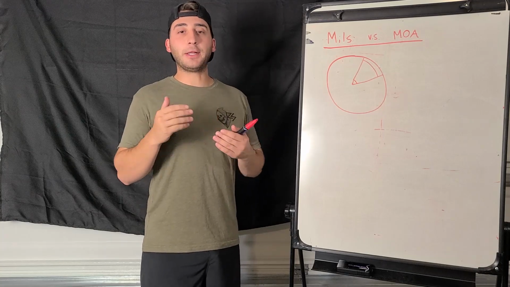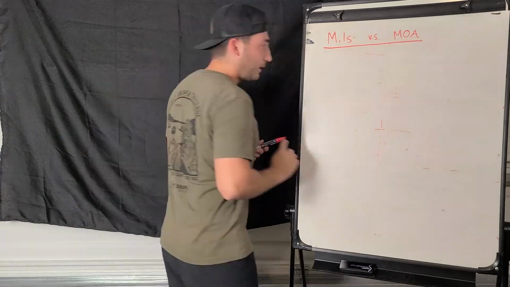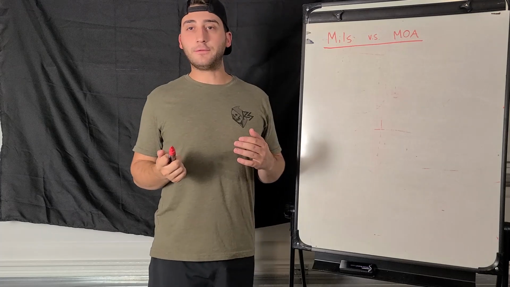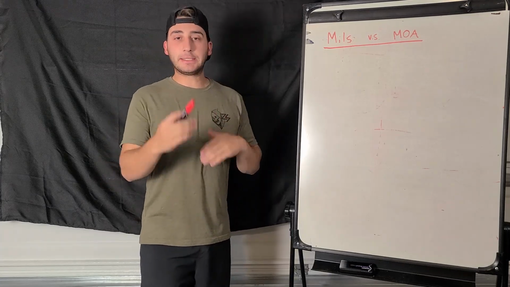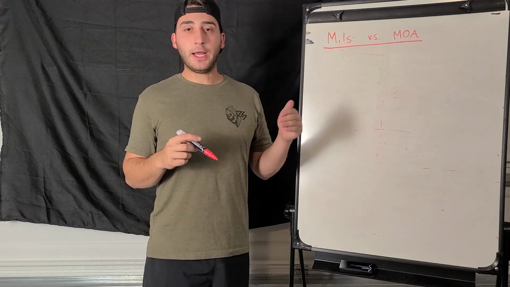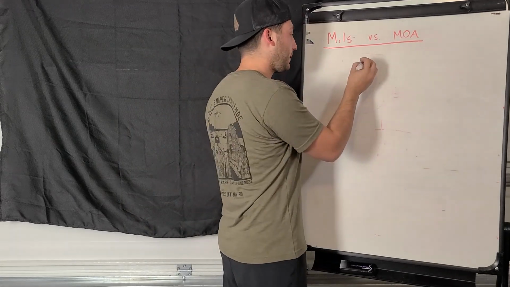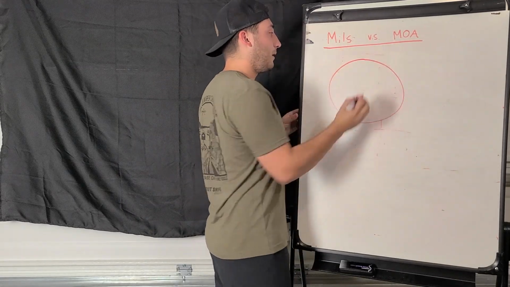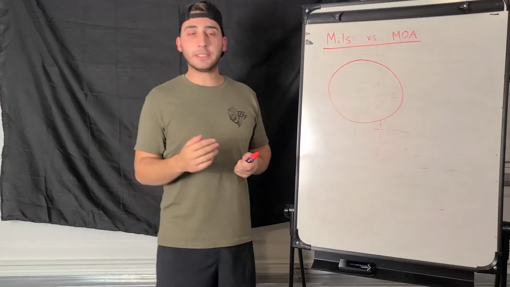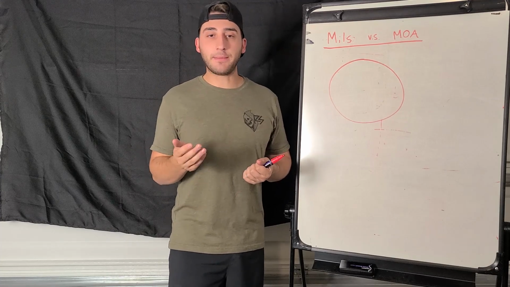First, I'm going to explain MOA so that I can explain to you exactly why MOA is just a bunch of bullshit. The whole minute of angle system is based off of the same way that our timing system works. Everybody knows that there are 60 minutes in an hour and 60 seconds in a minute, and the only reason why is arbitrary numbers that date all the way back to ancient Mesopotamian times.